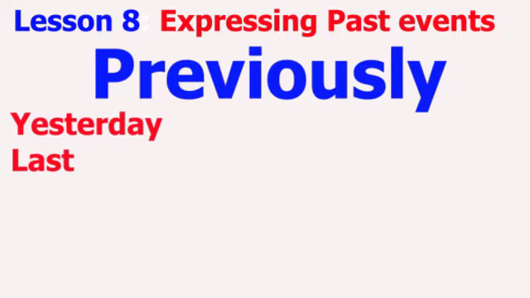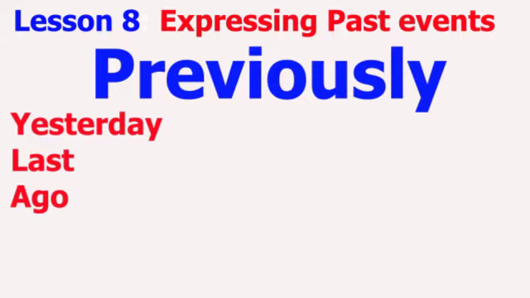For example, last week, last weekend, last month, or last year. But also, apart from yesterday and last, we can use ago. You can say 2 minutes ago, 5 weeks ago, and so on.